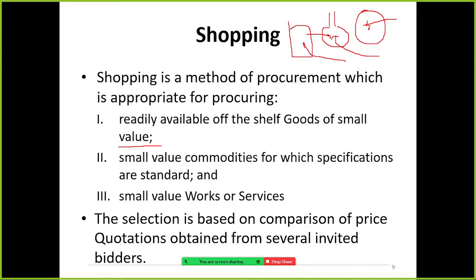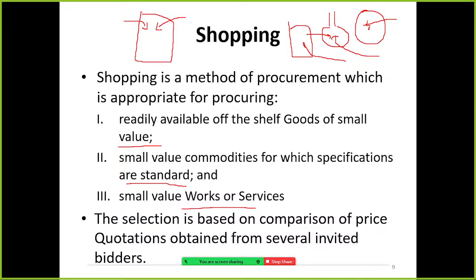Stationery, small value items. So the items are readily available off-the-shelf goods of small value. Small value commodities for which specifications are standard, and small value works or services, for example, a small power issue in the DS office or any public sector organization.